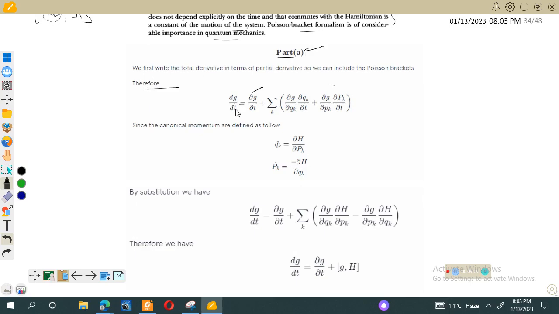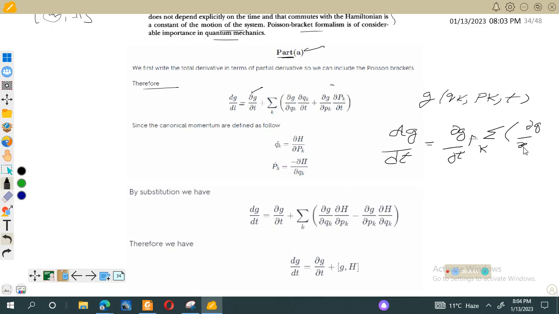We know that g is a function of q_k, p_k, and t. So we can write its total derivative by using calculus. dg over dt is equal to partial g over partial t plus the sum over k of partial g over partial q_k times dq_k over dt plus partial g over partial p_k times dp_k over dt.